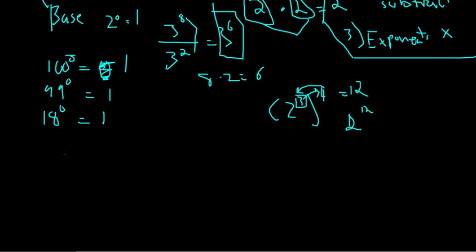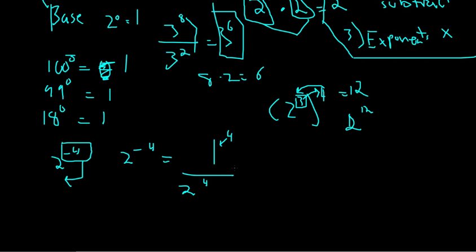But then say if you have 2 to the negative 4. Now you're dealing with a negative exponent, and to deal with these you have to take the reciprocal. So 2 to the negative 4 will become 1 over 2 to the 4. The 4 applies to this too, but what's 1 to the 4?